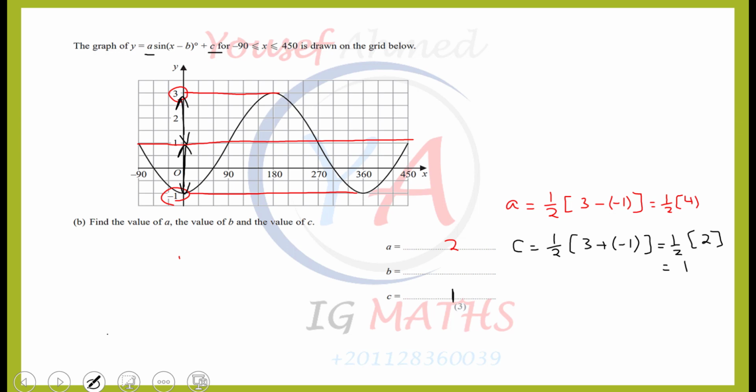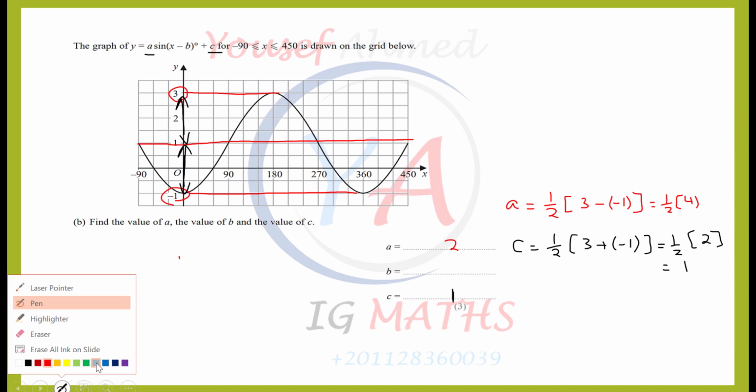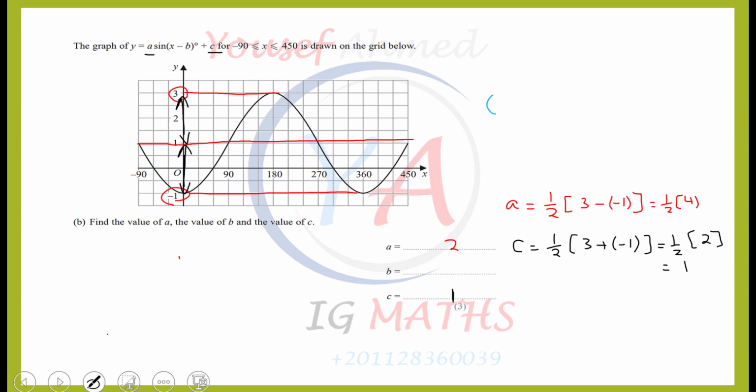The remaining thing is, how do we get b? B depends on memorizing the main curve itself, because this will help you a lot in solving such questions. Let's memorize together the maximum or minimum point, any distinguished point of the main curve. For example, the maximum point for the sine original curve was at 90 and 1. And now the maximum point is at 180 and 3.